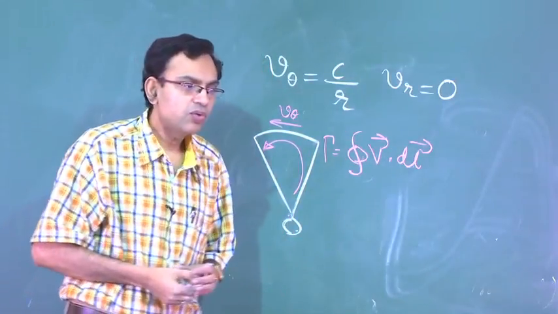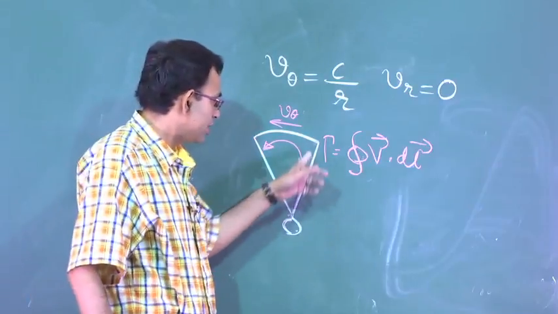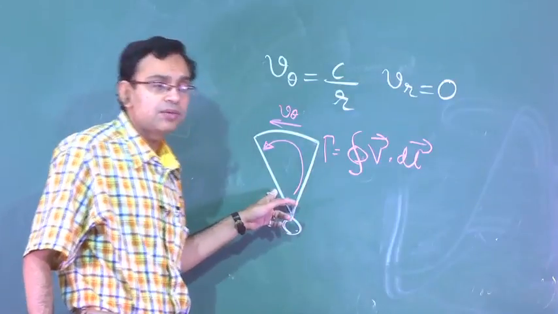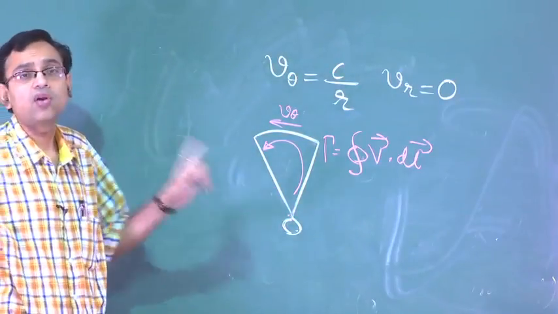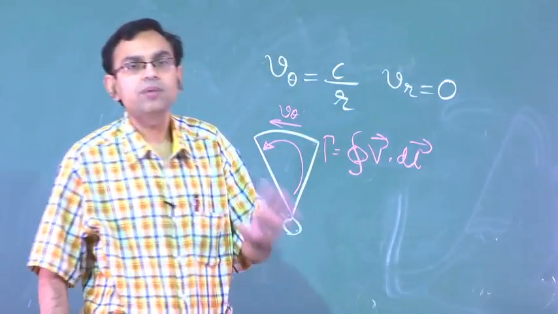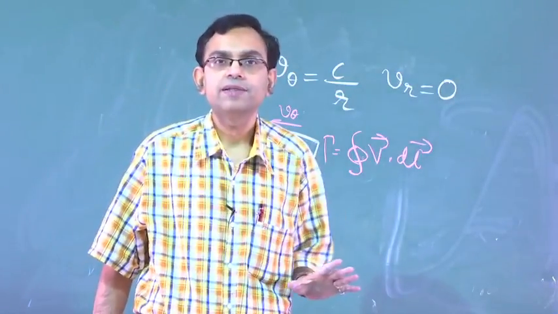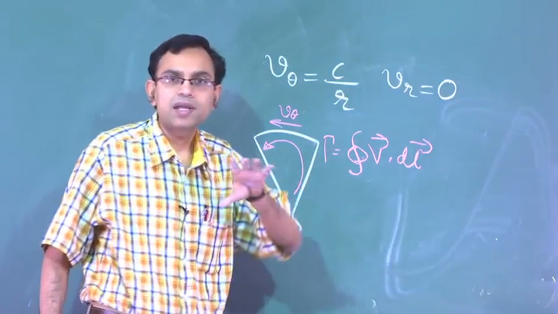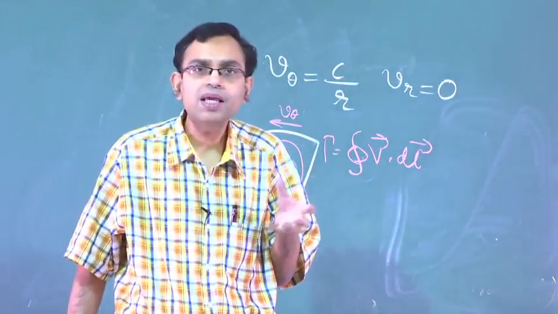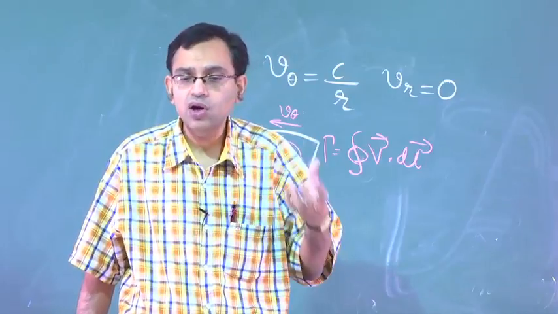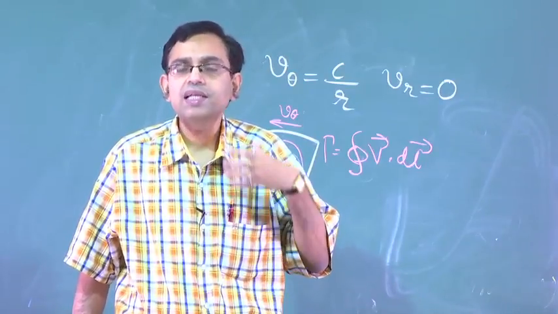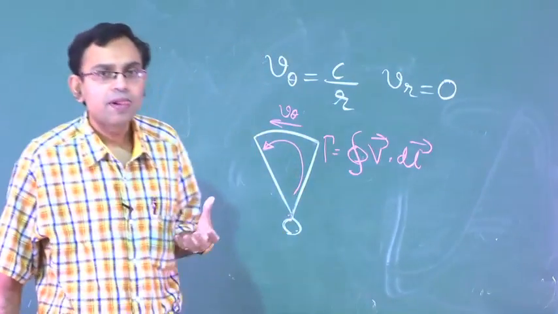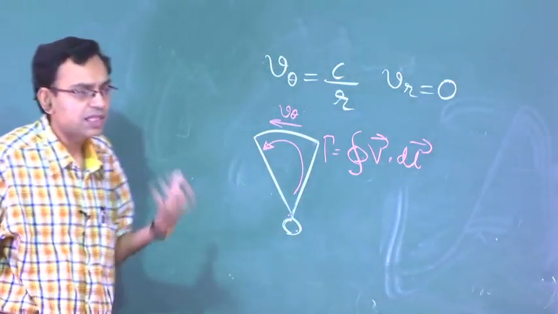So, the circulation is non-zero for this contour is true, but the next part of the statement which says that hence the flow is rotational, is not correct. Why? The circulation is a measure of rotationality in the flow. Normally if the circulation is 0, we say that it is irrotational flow, and if the circulation is non-zero, we say it is rotational.